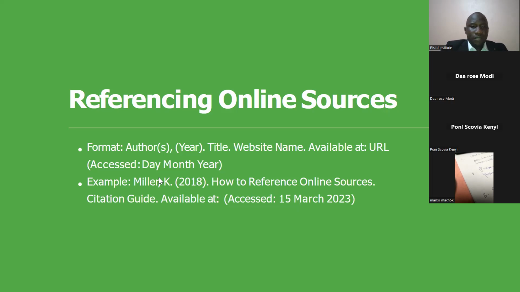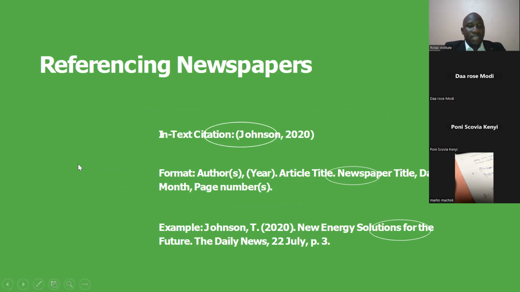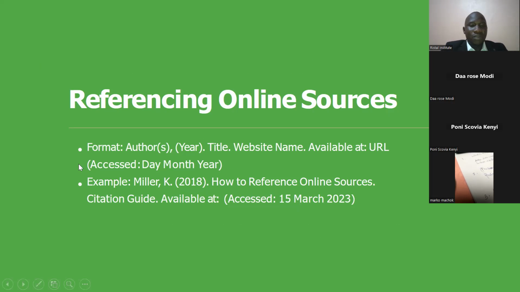Online referencing. Edward is asking about an example on online referencing. This is the example here, down here. Miller K 2018. The title of the document is called How to Reference Online Resources. And then the website is the citation guide.